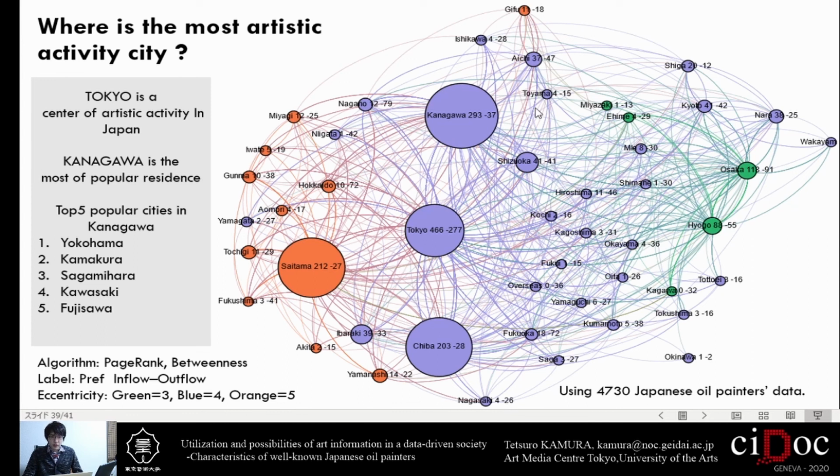On the other hand, Kanagawa Prefecture is the most popular residence. The top 5 popular cities in Kanagawa are as follows: Yokohama, Kamakura, Sagamihara, Kawasaki, and Fujisawa. By combining different data, we can find new discoveries.